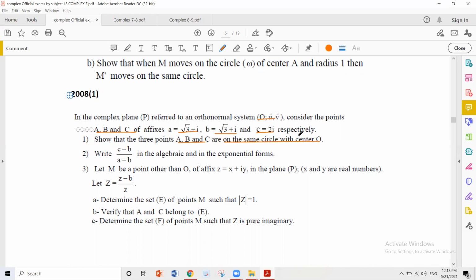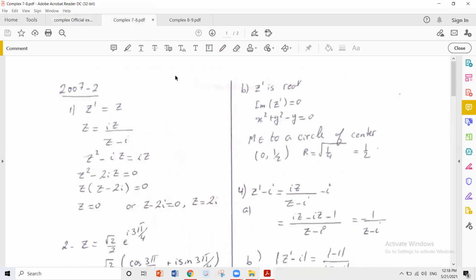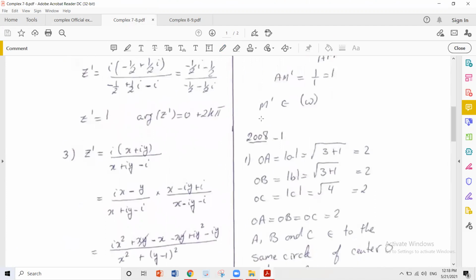Modulus. Yes, boys. Modulus of what? OA, OB, and OC. Modulus of A, modulus of B, modulus of C. So here we say OA equal modulus of A equal radical 3 plus 1 equals 2.